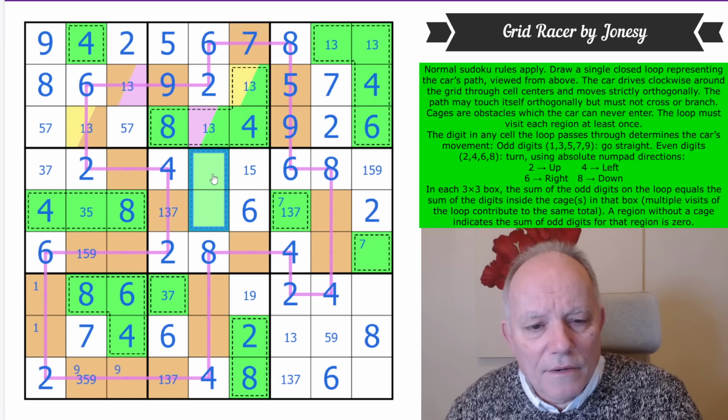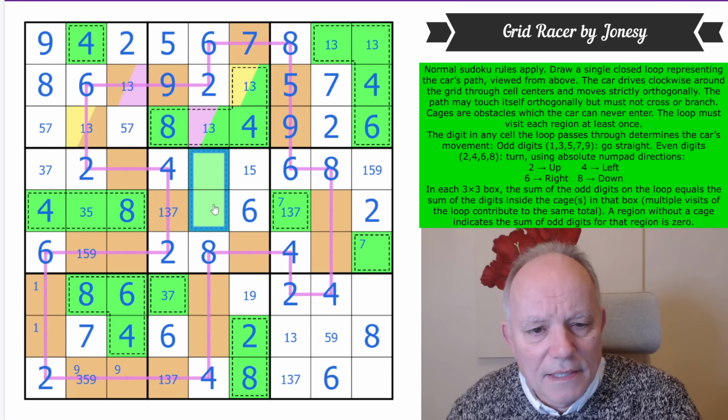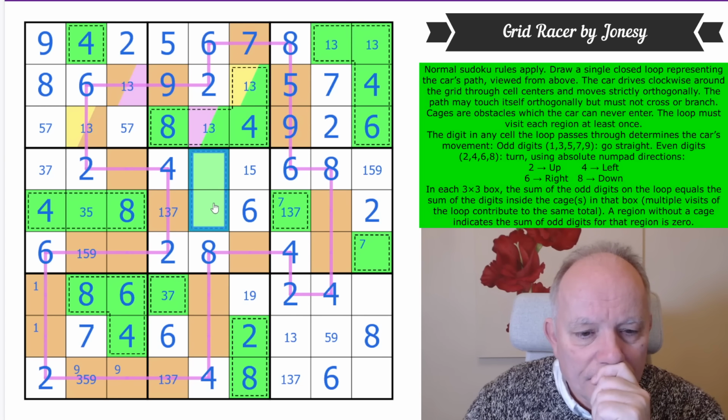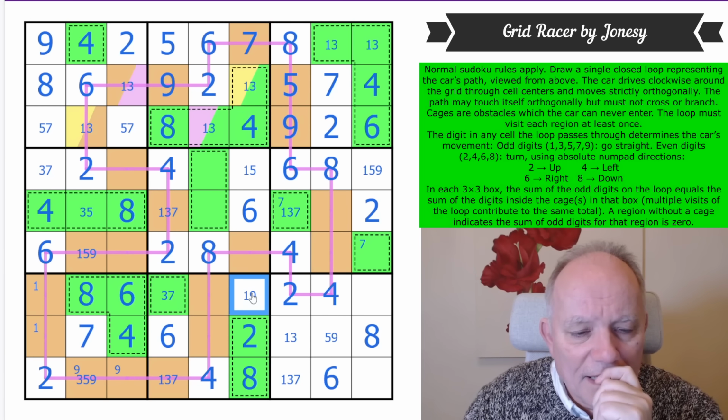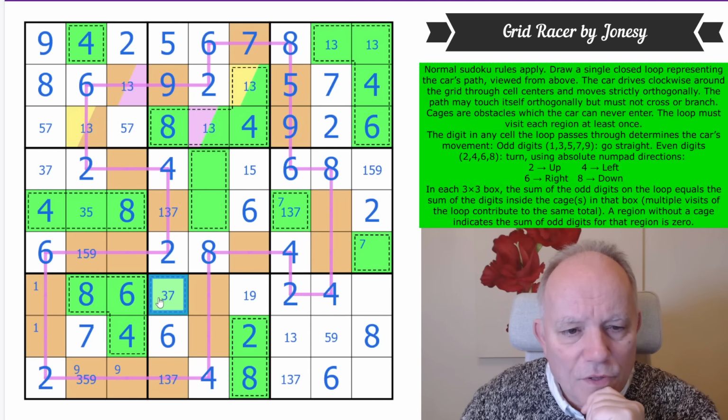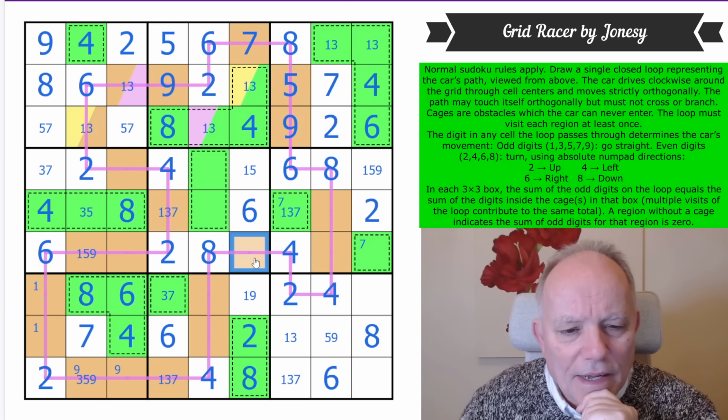But if 9 goes here, then that's the 9 in the bottom cage. And that becomes a 3. Then 5's here. Hang on, what?